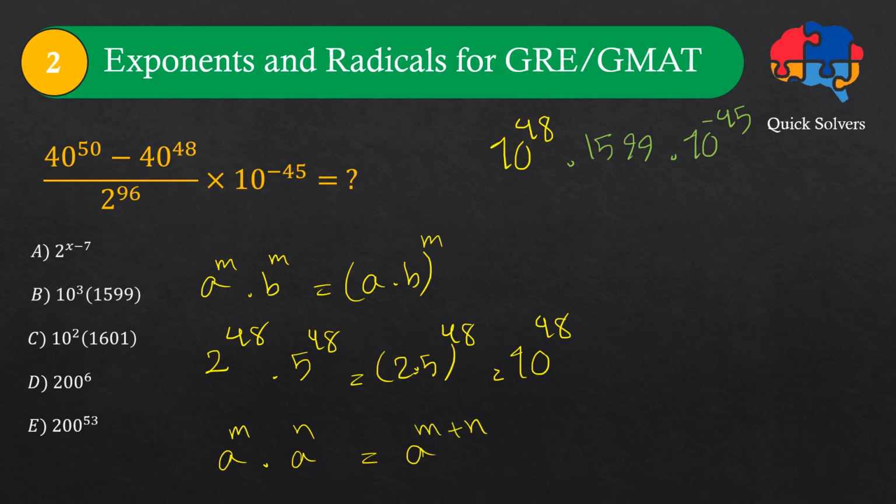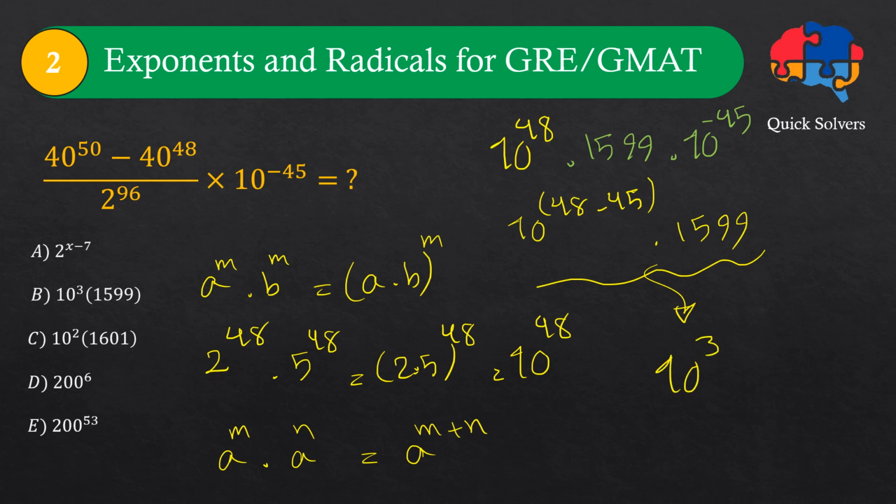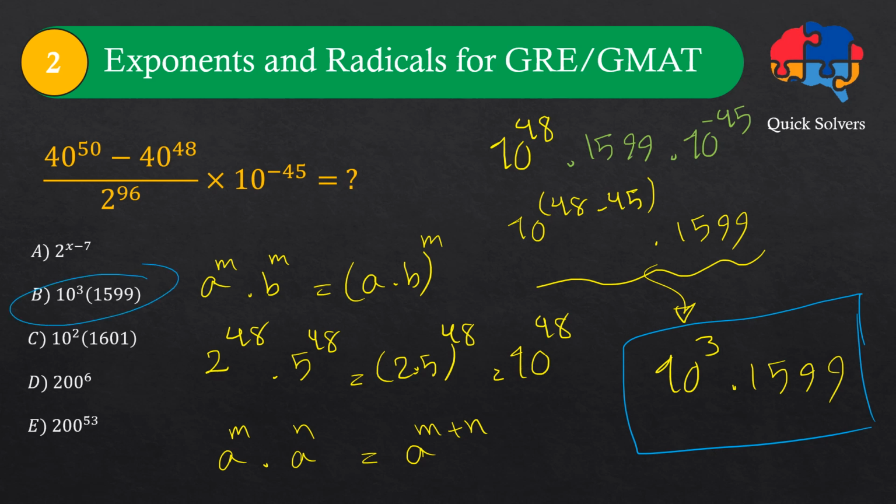So we keep one of the bases, because they are the same, and then sum up the exponents. Then we get 10 to the power of 48 minus 45 times 1599. So this gives us 10 to the power of 3, because 48 minus 45 is 3, times 1599. And this is the final answer, and we cannot further simplify this. And you see that this is this choice.